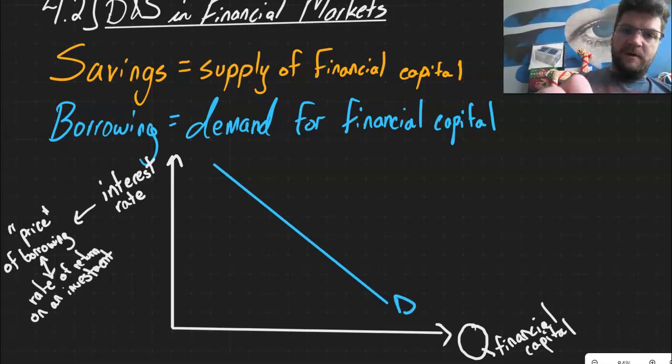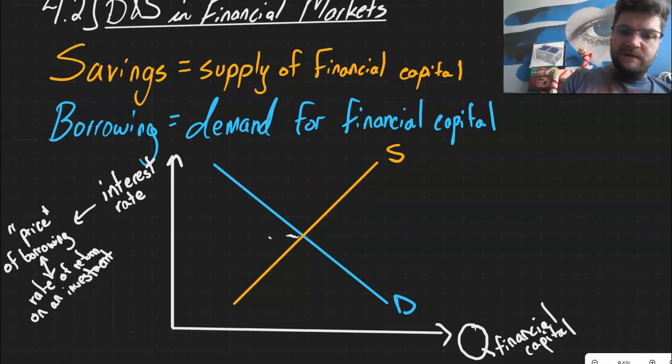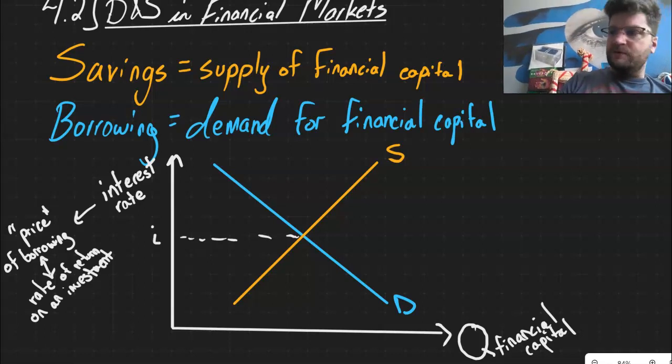We're going to have an upward sloping supply curve, which represents the supply or the savings. And where those meet is going to represent some equilibrium interest rate, and some equilibrium quantity. So we call this I star, Q star.